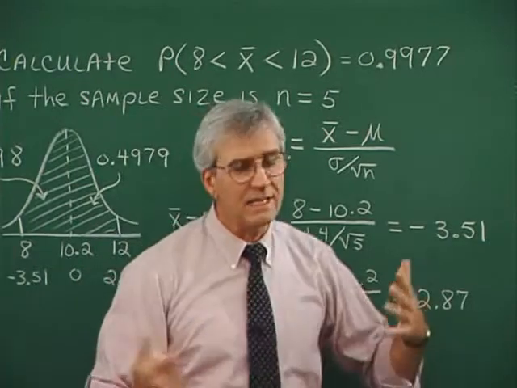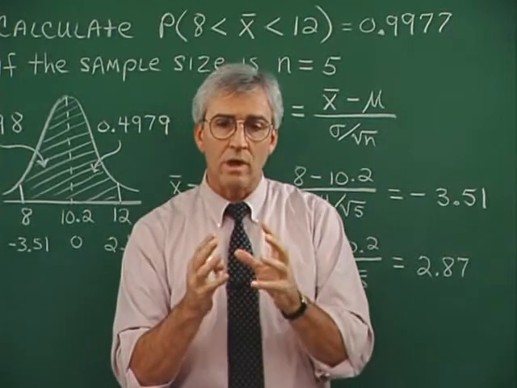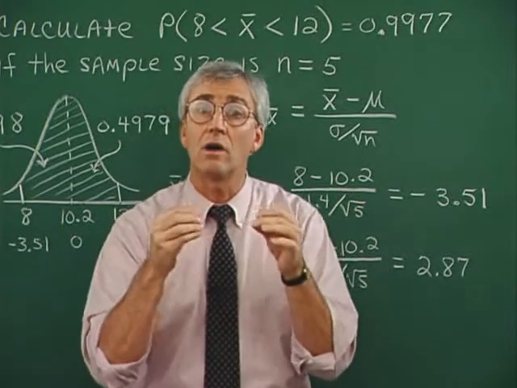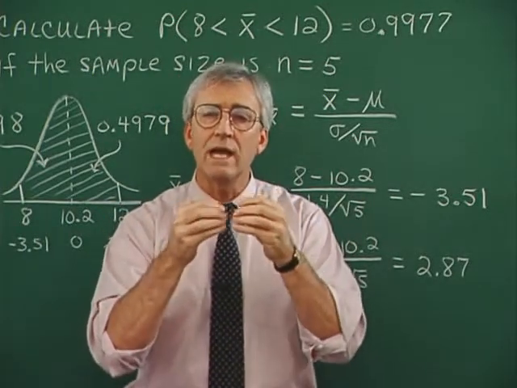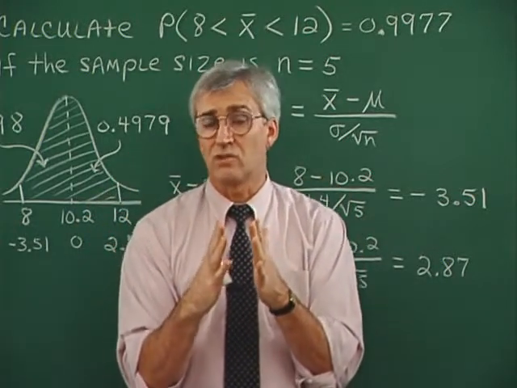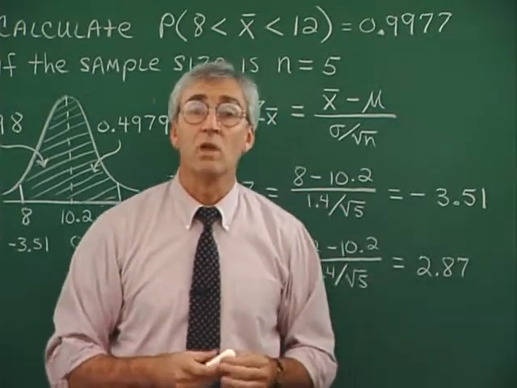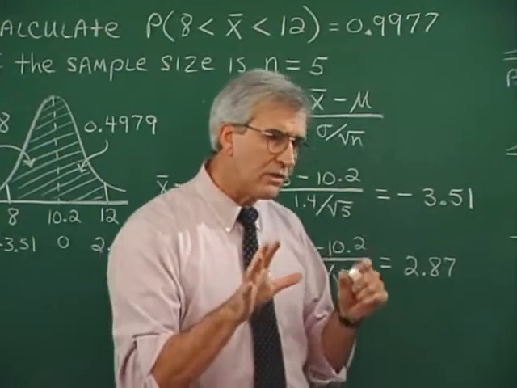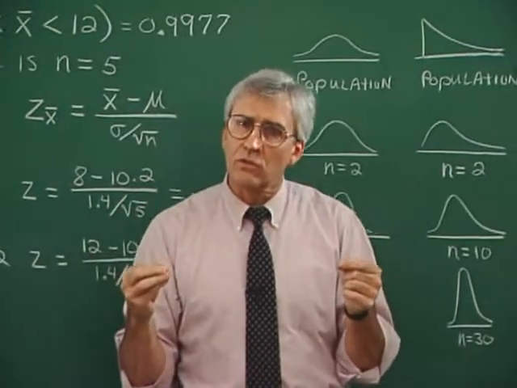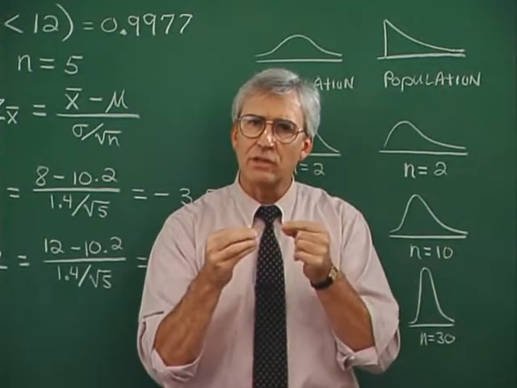So the idea is the comparison, I hope, is very vivid here, that when we go from a population distribution to an x bar distribution, the spread of values in the x bar distribution is much narrower than the general spread of values in the population distribution. Well, let's look at the situation comparing x bar distributions, sample mean distributions, and population distributions.